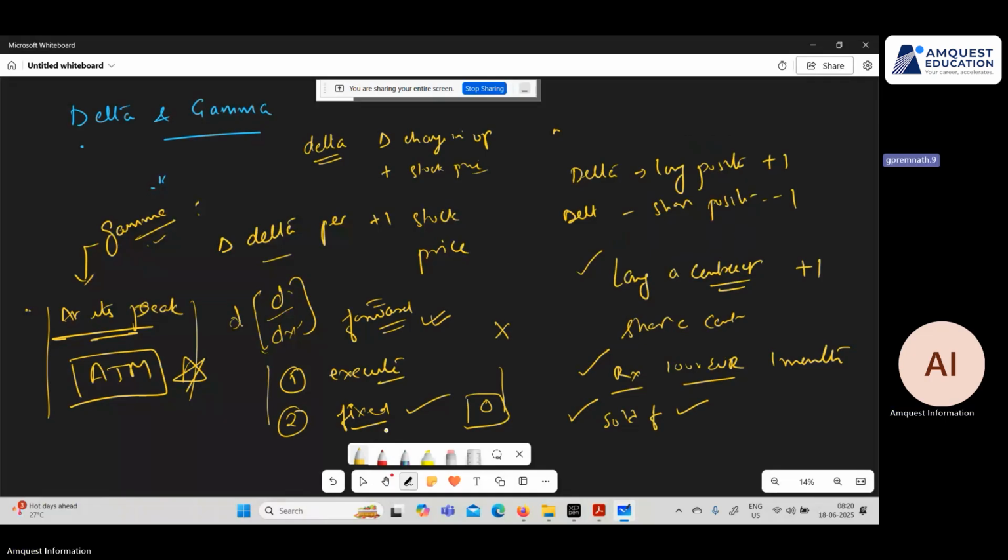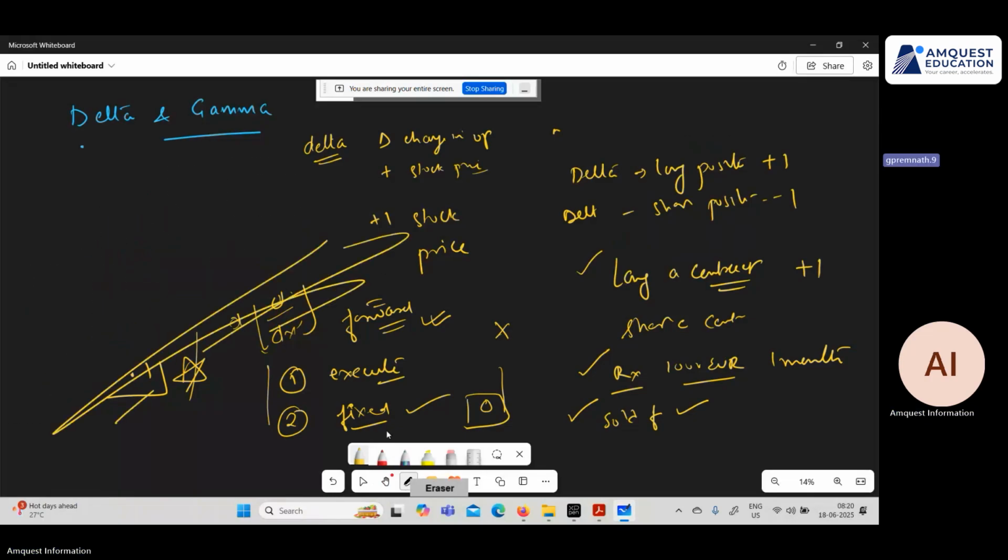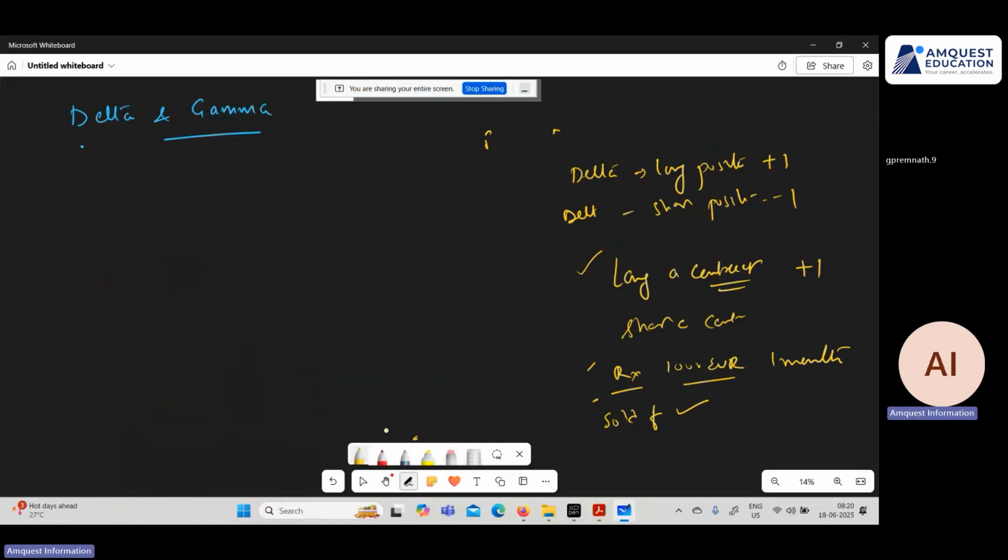So your delta is 0 basically. But not just buy short. Let me tell you. Think about CFA level 1, where they initiated a discussion on forwards and futures.